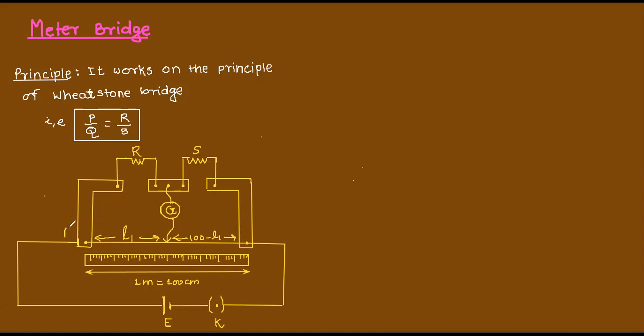This point I am giving as point A. Here is already the resistance R. This point I am denoting as point D, and this point as C. This is the meter scale, and current I is flowing through this circuit like this.